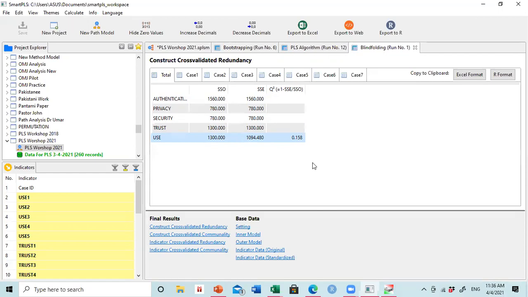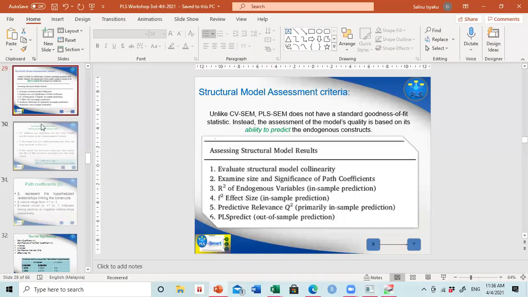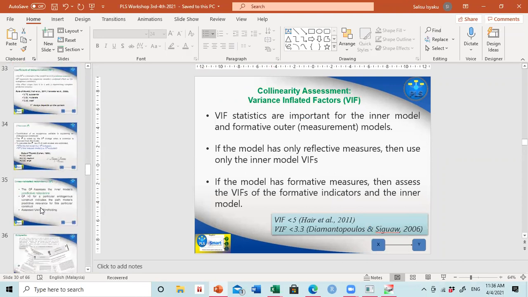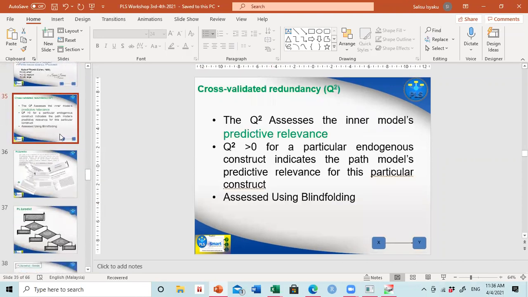Okay, sir. Yes. The next is we test for which one? PLS predict. Okay. So we finished the Q square. They say it assesses the inner model's predictive relevance.